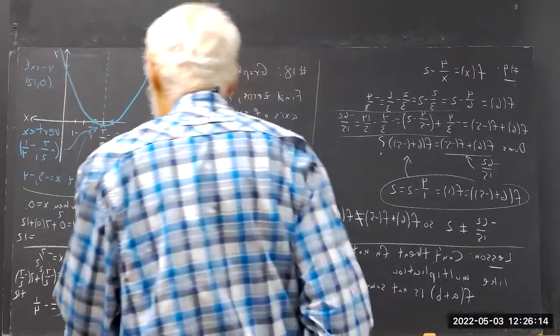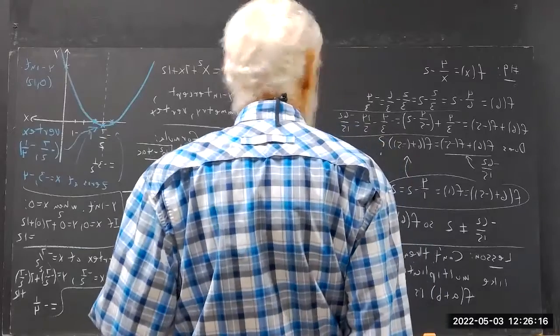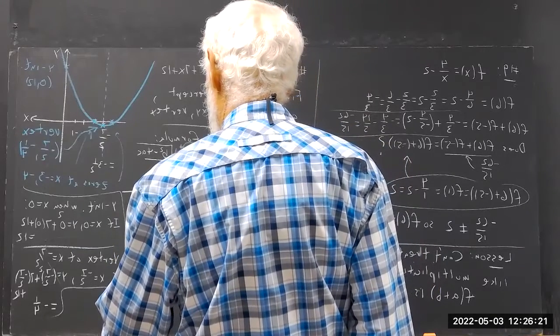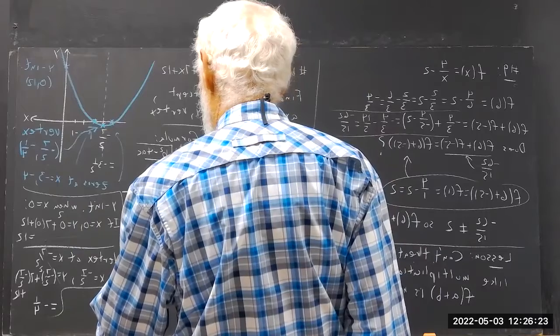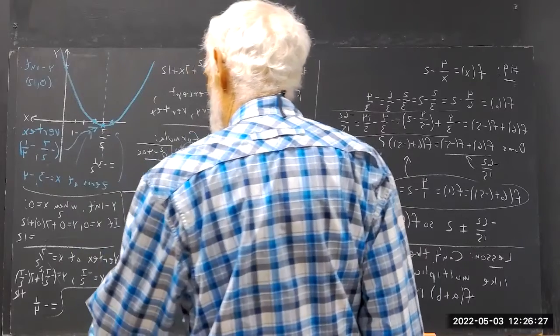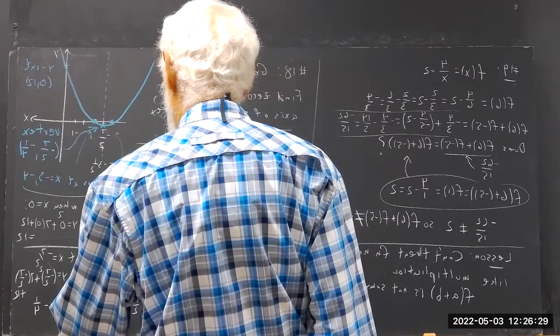So now, we're out of time, so I don't get to write all this out. This tells me then that y equals x plus 7/2 squared minus 1/4.